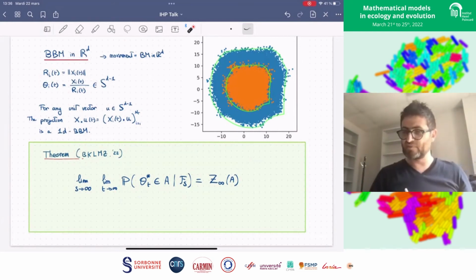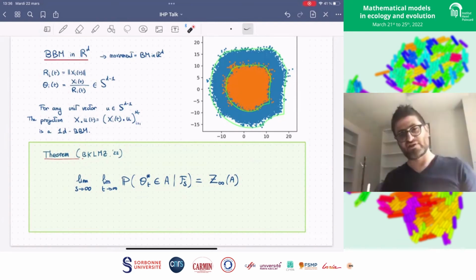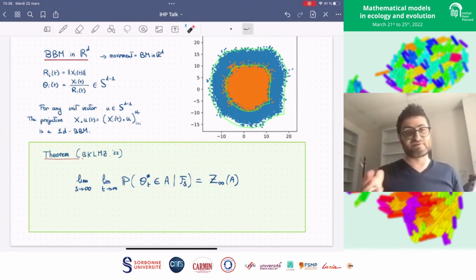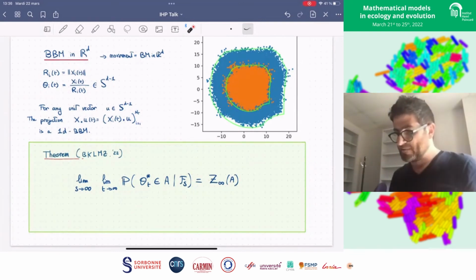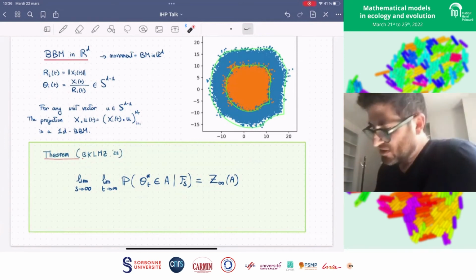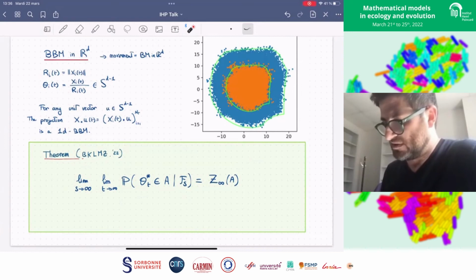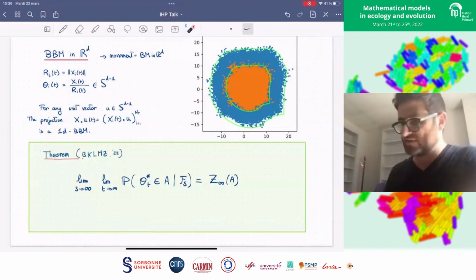And by putting together Kim, Lubetzky, and Zeitouni's proof of the convergence in distribution, and our proof that this Z infinity theta exists for almost every theta simultaneously, we were indeed able to answer this second question. And you can prove, for instance, that if you take some measurable set of directions A on the unit sphere, and you ask, given what I observed initially in my BBM until time s, what is the probability that this maximal displacement direction will be in this A set?